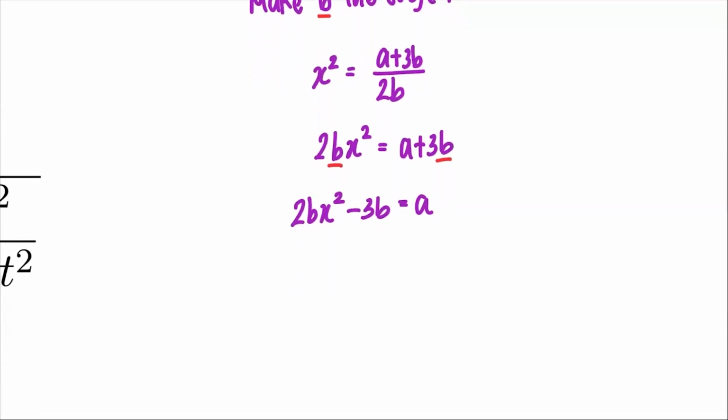We can pull out the b. b times (2x squared minus 3) equals a. This is by factorization. And we can divide it down. b equals a over (2x squared minus 3). And that's the answer.